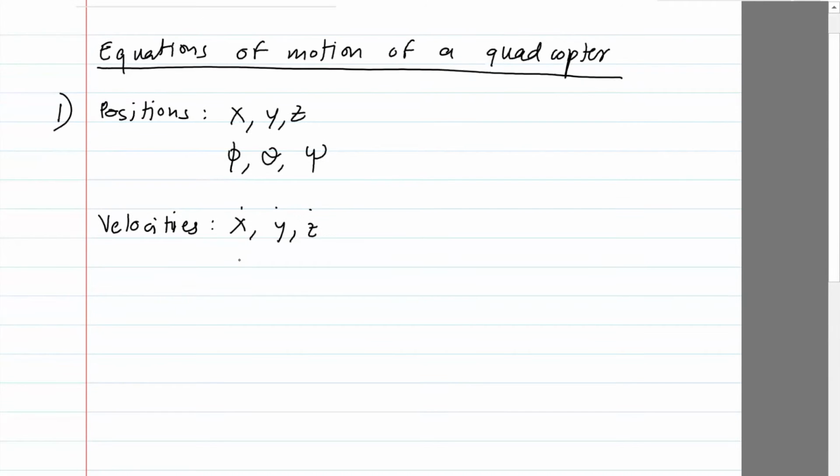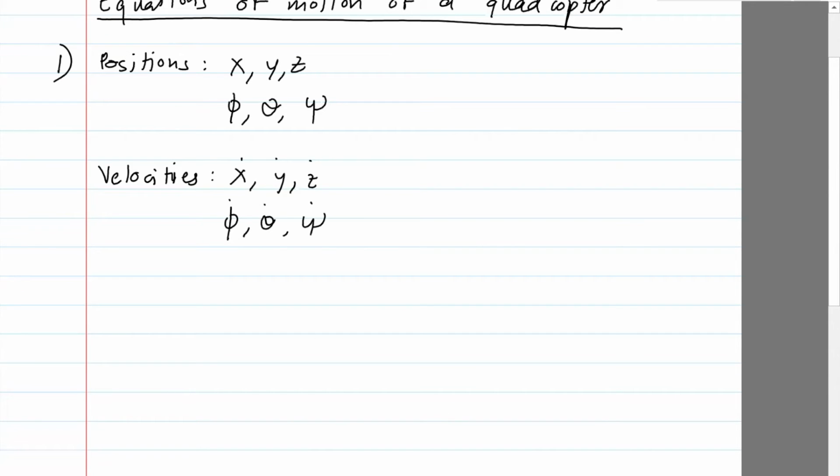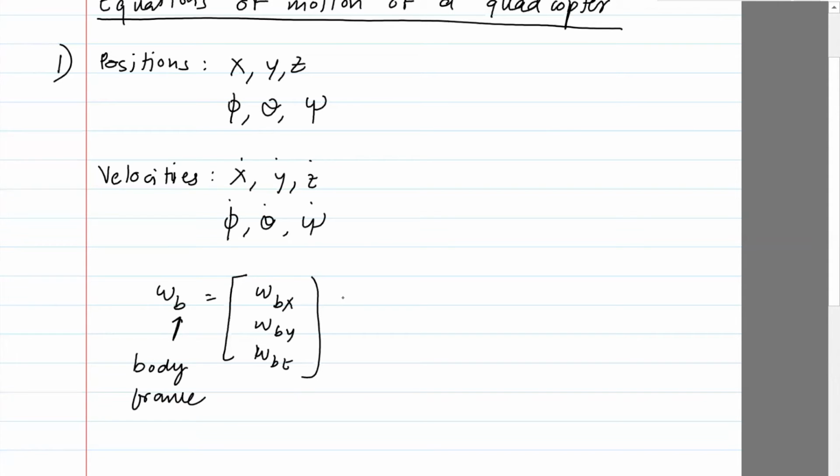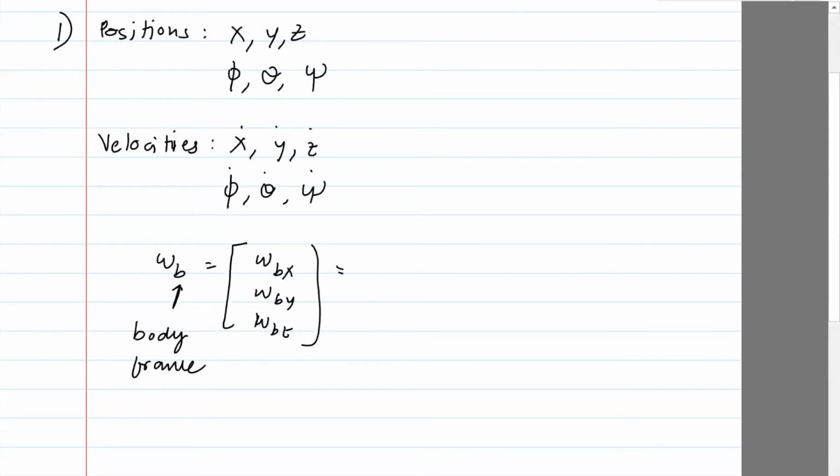Even though we would like the angular velocities to be phi dot, theta dot, psi dot, those do not correspond to the angular speeds of the quadcopter, because the angular speed is given by a different formula, which I wrote in the body frame. So there's omega bx, omega by, omega bz, where b indicates the body frame. I wrote that because we know the inertia is in the body frame, and that will help us write the kinetic energy for the system.